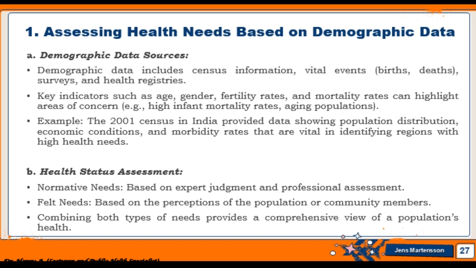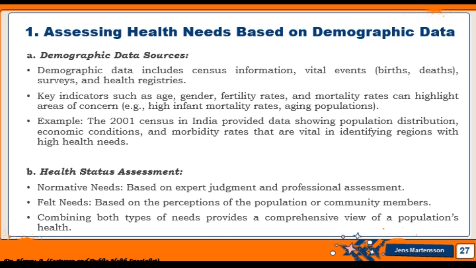Now this key demographic indicator indicates data like age, fertility rates, mortality rates, and also gender distribution. And it will help to highlight particularly the health concerns, because it will be specific about that demographic, about that population.